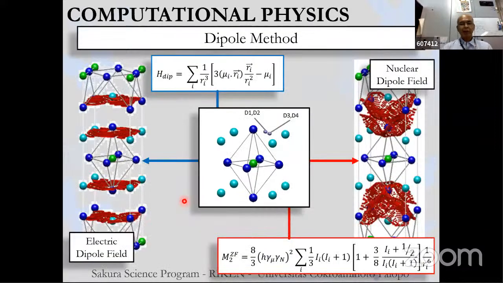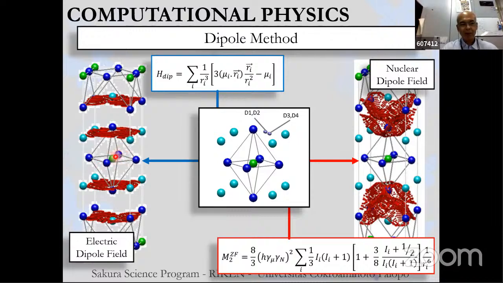At the first stage, we simulated the muon positions by using the dipole-dipole interaction. Maybe you studied this dipole-dipole interaction in your course. What we did is just put a simple moment on the copper. We call it a point moment, located just at the atom, and on the atom we have the size of the magnetic moment.